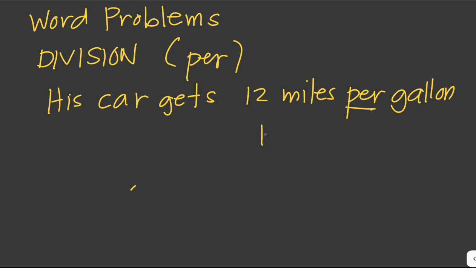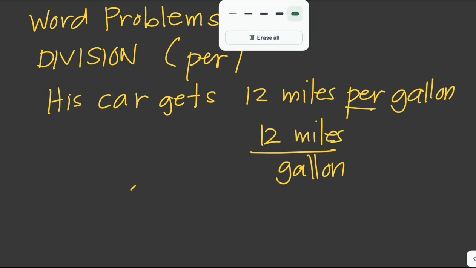So you can write this as 12 miles per gallon. So those are some of the tips in solving word problems. You just have to analyze the sentence carefully and then write them into a mathematical equation.